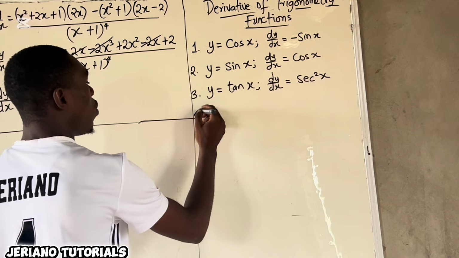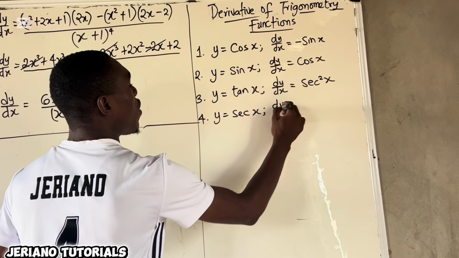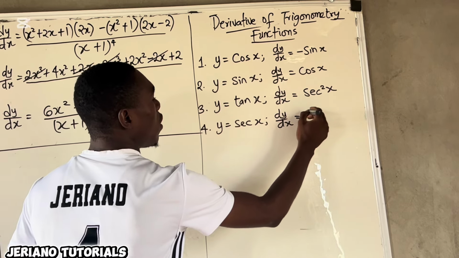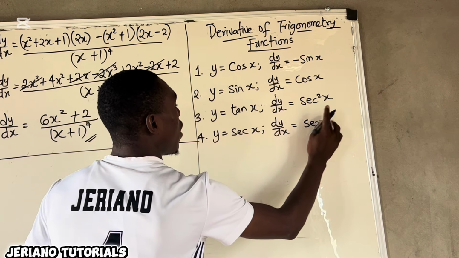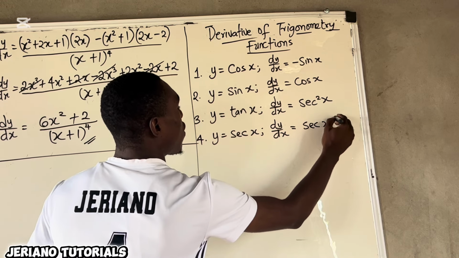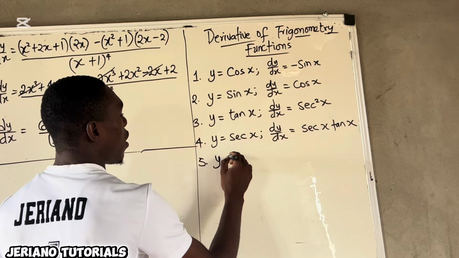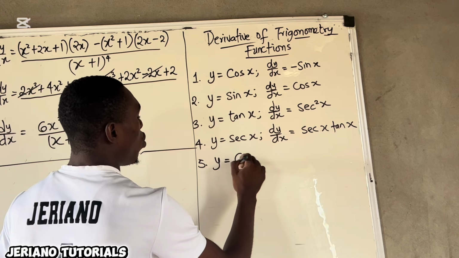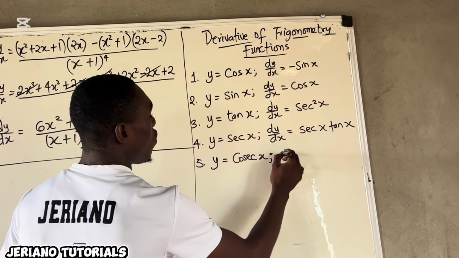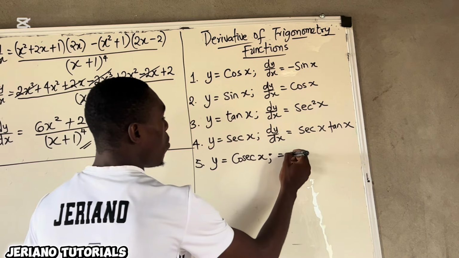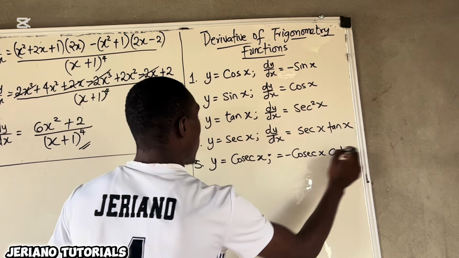And then when y is equated to sec x, the derivative is sec x tan x. When y is equated to cosec x, its derivative is minus cosec x cot x.